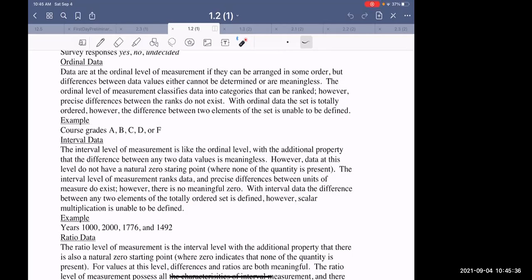So things like years: the year 1000, the year 2000, the year 1776, the year 1492. The year 2000 is not twice 1,000.